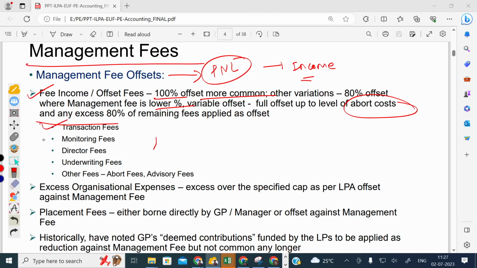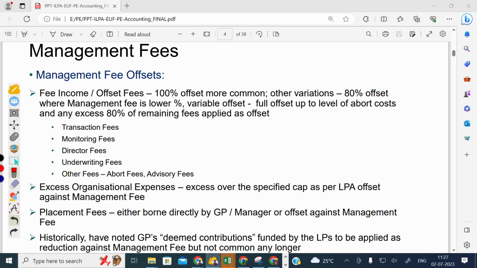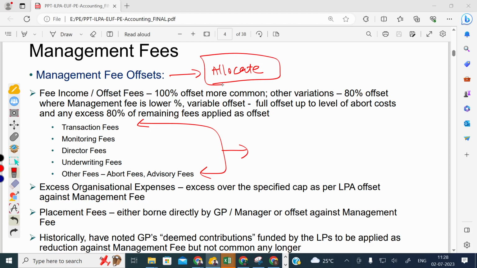Transaction fees, monitoring fees, director fees, underwriting fees, and other fees. In a private equity fund you will see this offset, but in a hedge fund you will not. With hedge funds you don't need to offset it; you can directly record it to the P&L, or directly allocate it, depending on the structure, such as a master feeder structure.